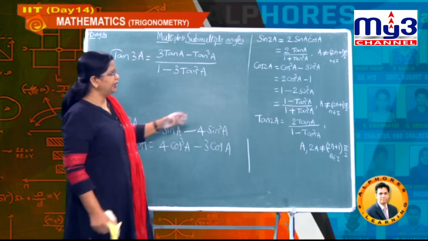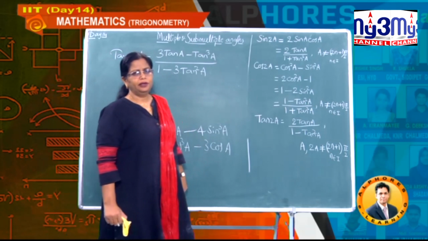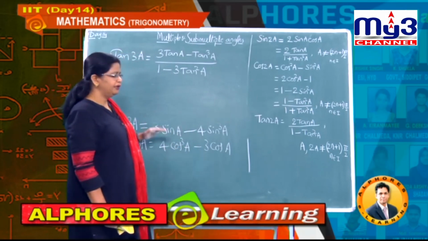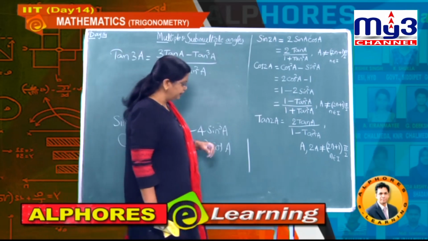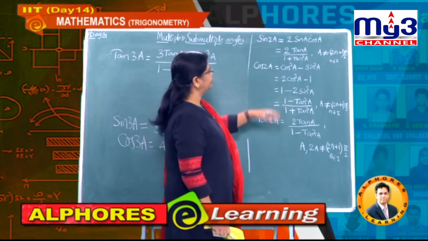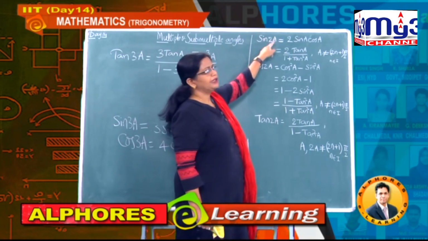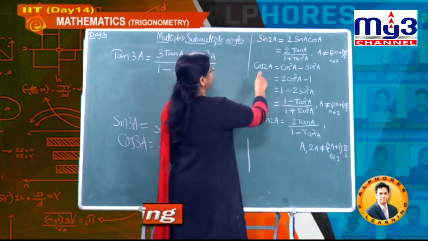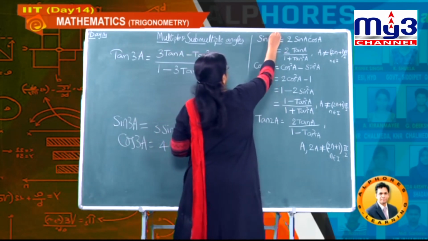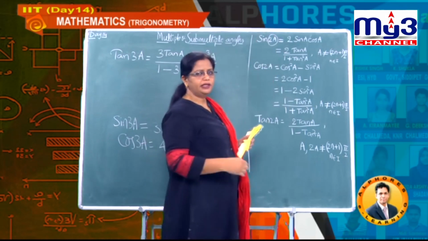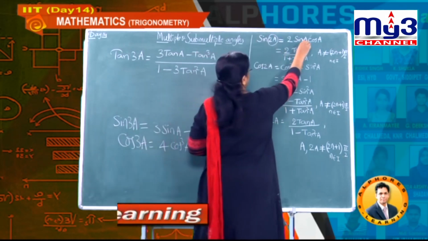While writing the sin 2a formulae or the sin 3a, cos 3a formulae, you observe one condition: whatever the left hand side angle is, if it is 2a, then on the right hand side you are not getting 2a.